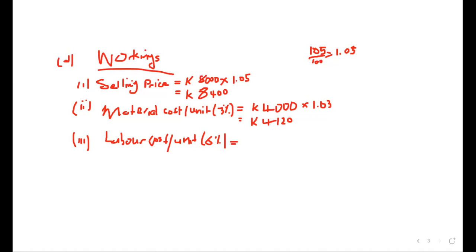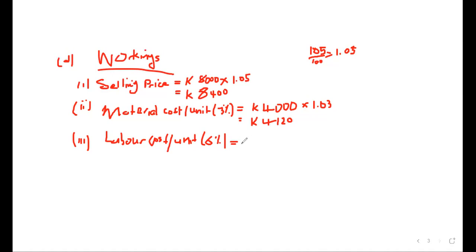Look here, 600 units divided into 160,000, you'll get 1,600 kwacha per unit. So it is also constant throughout the period because it fulfills the assumption of break-even point that all the variable costs are supposed to be constant throughout the period. Okay, so we go back to the workings.